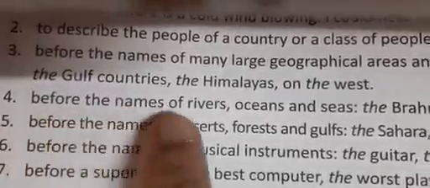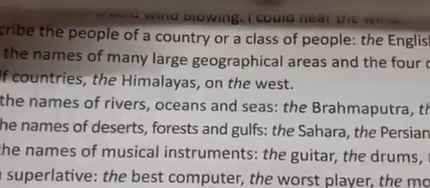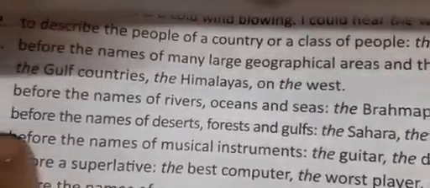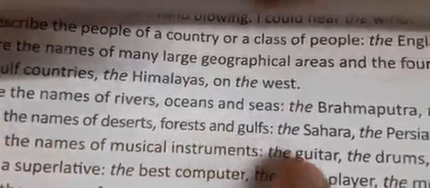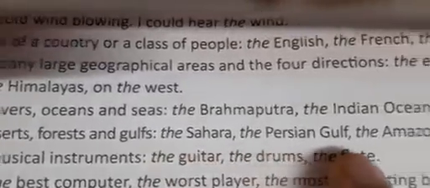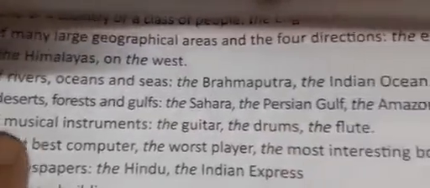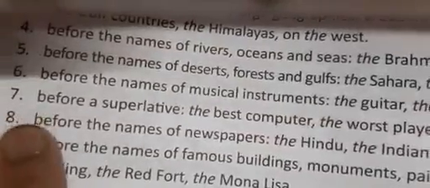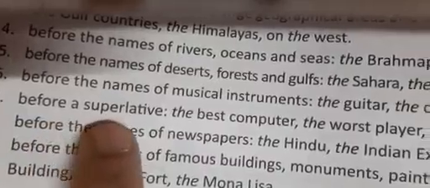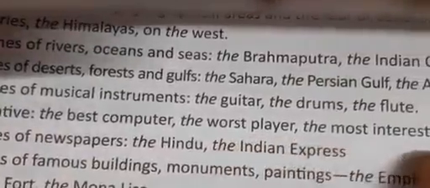Fourth, before the names of rivers, oceans and seas: the Brahmaputra, the Indian Ocean. Fifth, before the names of deserts, forests and gulfs: the Sahara, the Persian Gulf, the Amazon forest. Sixth, before the names of musical instruments: the guitar, the drums, the flute. Seventh, before a superlative: the best computer, the worst player, the most interesting book.